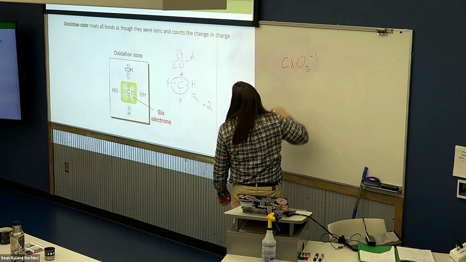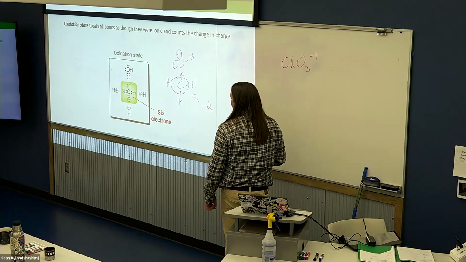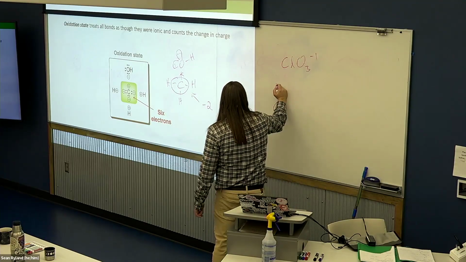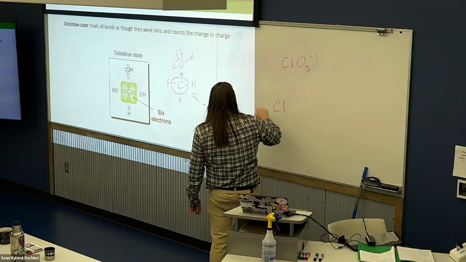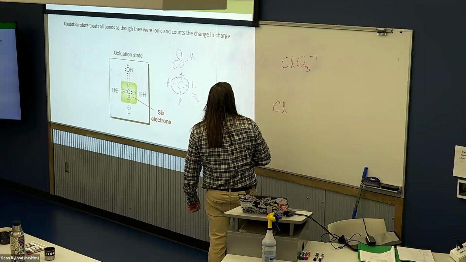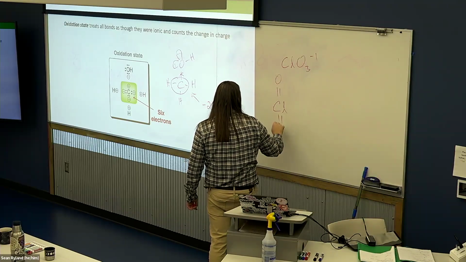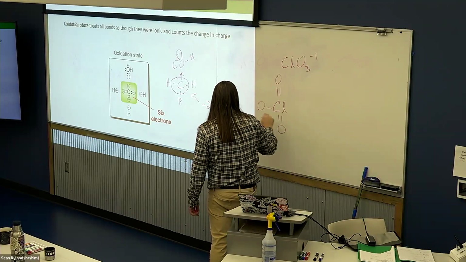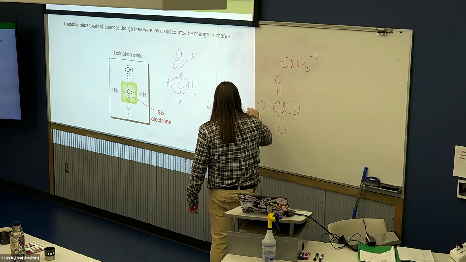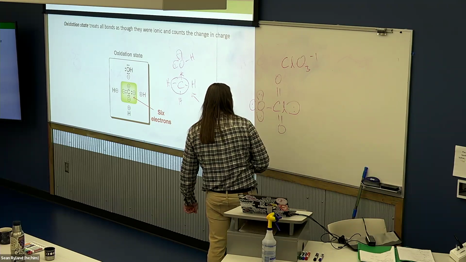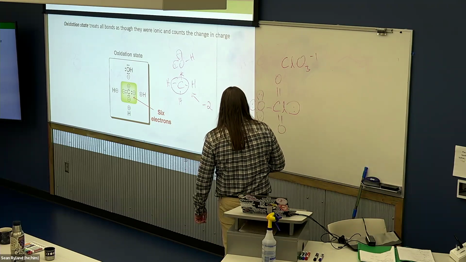ClO3 with a -1 charge. Chlorate. Okay. And if we draw this Lewis dot structure, I think that's the right number of electrons.